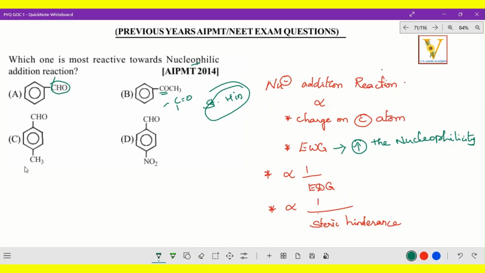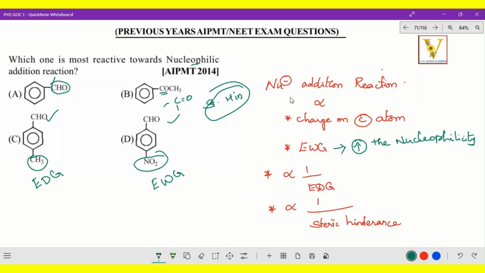And the next one, this is CH3 and this is NO2. Of course aldehyde is there, no problem, but here an electron donating group is attached, whereas here an electron withdrawing group.